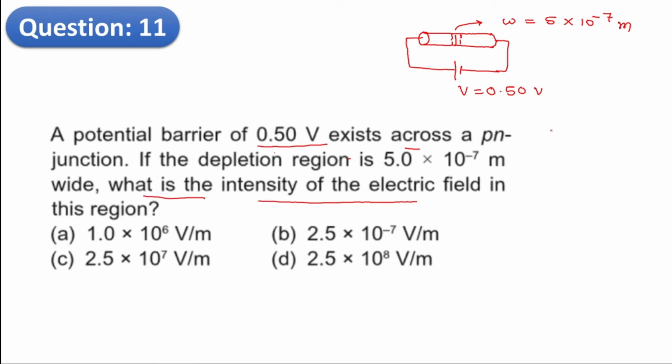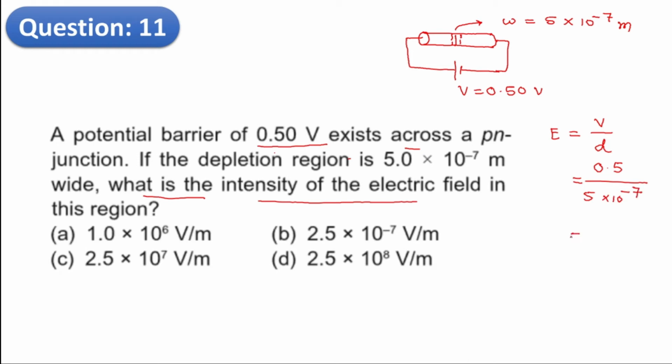We can calculate the electric field with the help of V divided by D, the distance. Here the distance will be considered as the width W. So V is 0.5 and D is 5 into 10 to the power minus 7.